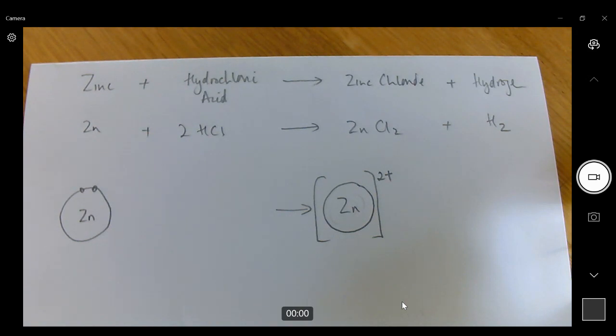And so for the group 1 metals, the greater the number of shells, the weaker the attraction between that outer shell electron and the nucleus, and the easier it is for that atom to lose that electron and become an ion, and therefore become more reactive.